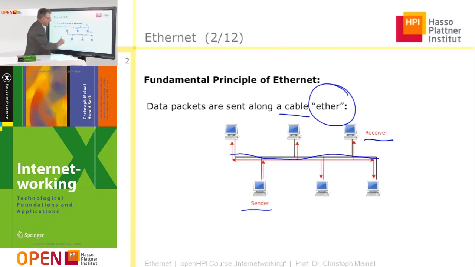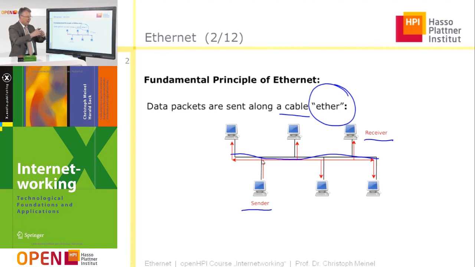All the other computers that also received the data packet ignore it. What the computer wants to send, of course, is information that is encoded in the form of bits and bytes. But to be able to send this, the bits and bytes need to be transformed into electrical signals. And this is done by the network interface card, and then the electrical signals are sent along this cable.